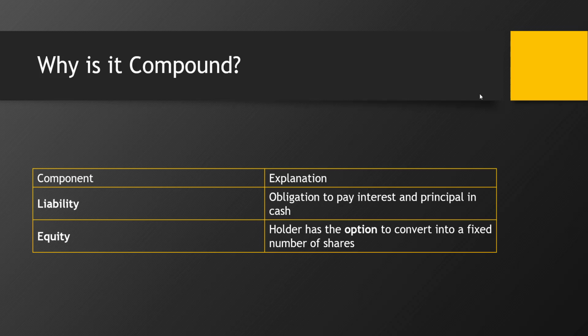Why are we saying this is a compound financial instrument? It is a compound financial instrument because it has two components. The first component is the liability component, which gives the issuer, not the holder, the issuer, the obligation to pay interest and principal in cash.